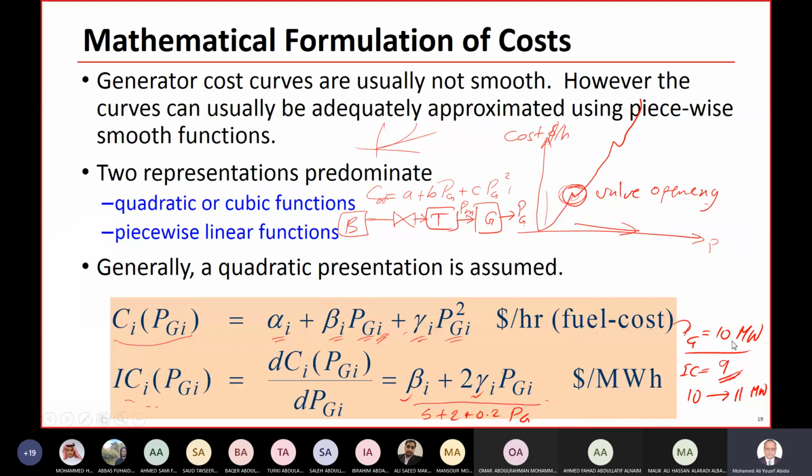Or in the example where PG equals 10, the incremental cost is 9. That means you will pay $9 in order to increase the output of the generator by 1 megawatt hour. This is the physical meaning of the incremental cost: how much you will pay for 1 megawatt hour of generation.